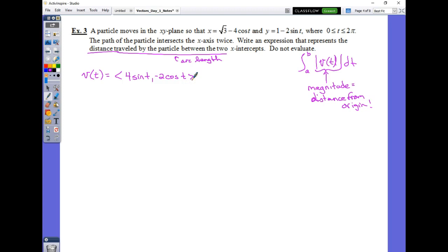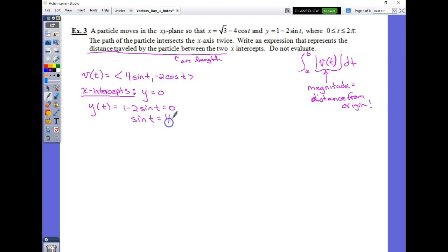We also need to know where the heck do the x-intercepts happen. And we know that x-intercepts occur when y is equal to 0. So what I'm going to do is I'm going to set my y of t function, which is 1 minus 2 sine of t, equal to 0.